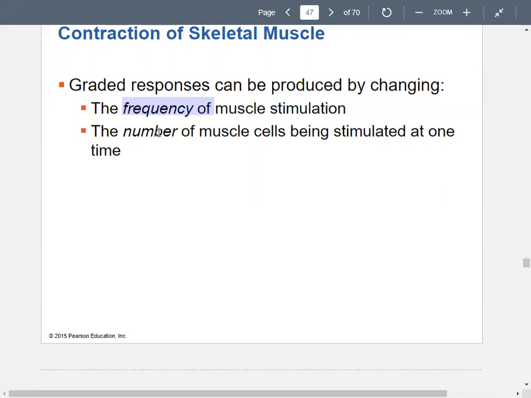If you have very infrequent stimulations, you have a lower response. And the number of muscle cells that get stimulated. If you have a lot of stimulation, but only a few muscle cells stimulated, not as much as if you had lots of stimulation and lots of fibers being stimulated.